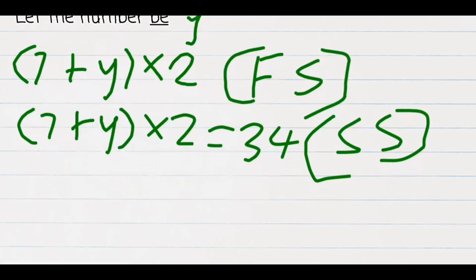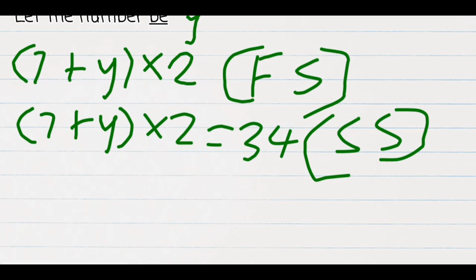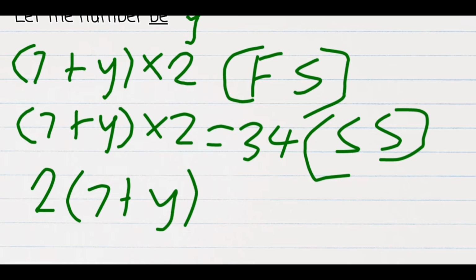Now we are going to use 2 to multiply the brackets, but first we are going to arrange it in the right pattern. So I have 2 brackets, 7 plus y, equal to 34. Now 2 is outside of the brackets.